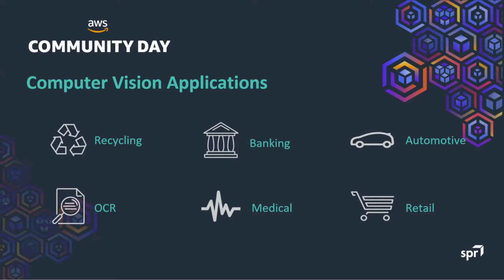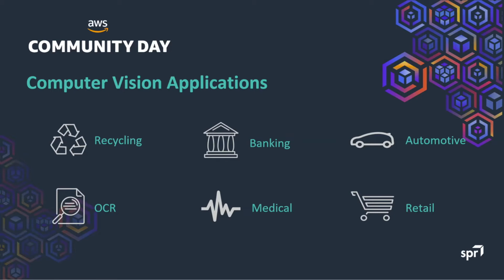Computer vision allowed these companies to have robotic arms and cameras that can identify these objects and then pick and separate them. So it's better to recycle them that way. Banking: if you ever tried to deposit your check using your mobile app, that's also a use of computer vision, of course.